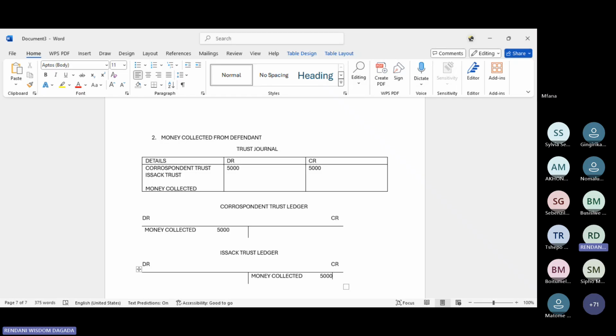You always start with the correspondent, followed by the plaintiff trust. Or instead of Isaac, you can just say the plaintiff trust. And that is step number 2. Yes. Please fix the amount on the trust journal. On the trust journal, the 5,000. Yes, it's always supposed to be on the Isaac trust.